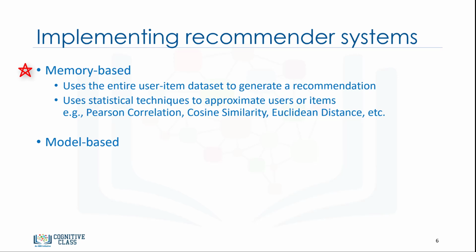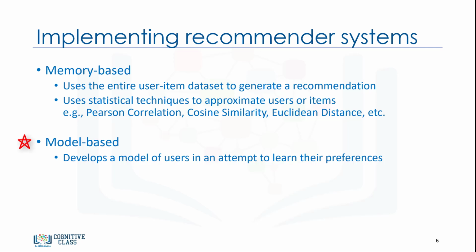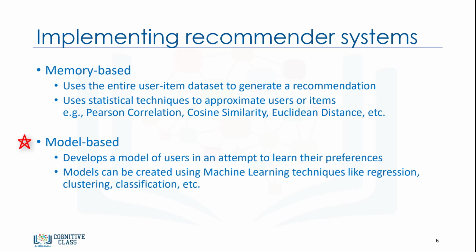Examples of these techniques include Pearson correlation, cosine similarity, and Euclidean distance, among others. In model-based approaches, a model of users is developed in an attempt to learn their preferences. Models can be created using machine learning techniques like regression, clustering, classification, and so on.